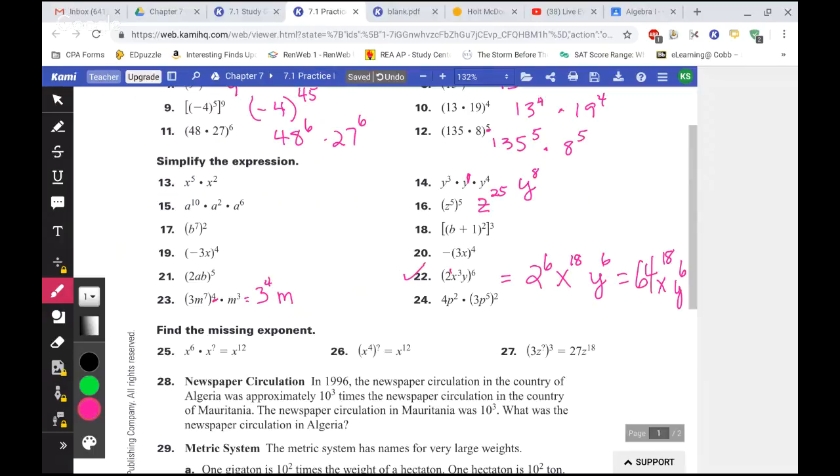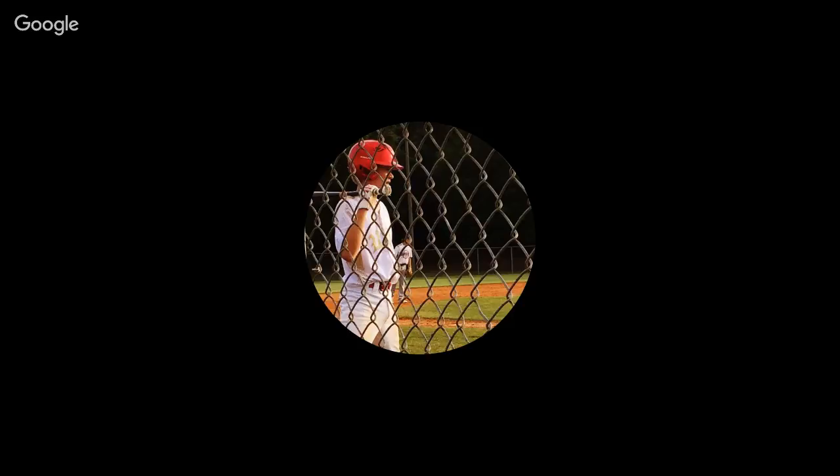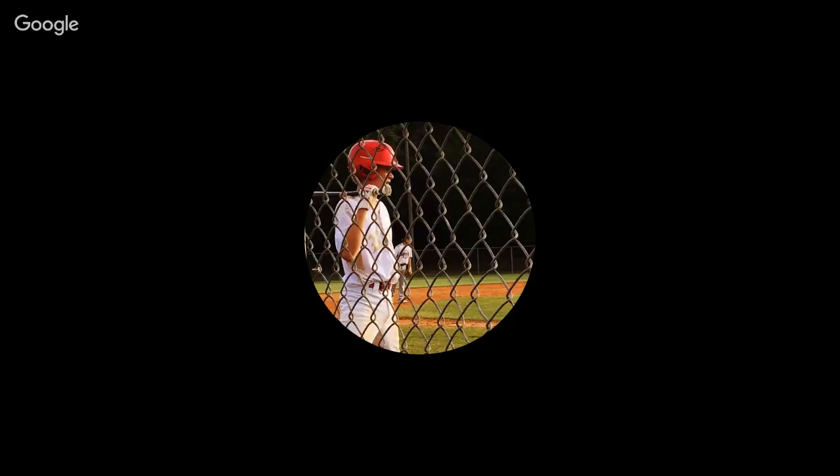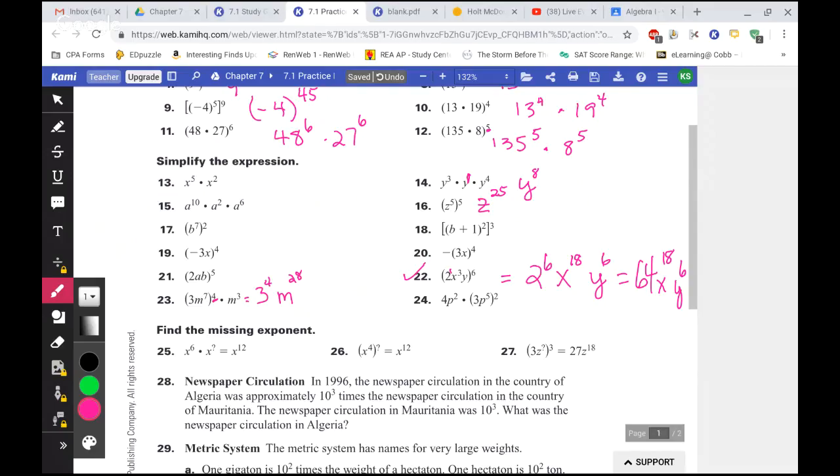It's a power to a power, so you multiply. 4th. Times 7. 28. And then the final step, you will combine those in the final step.